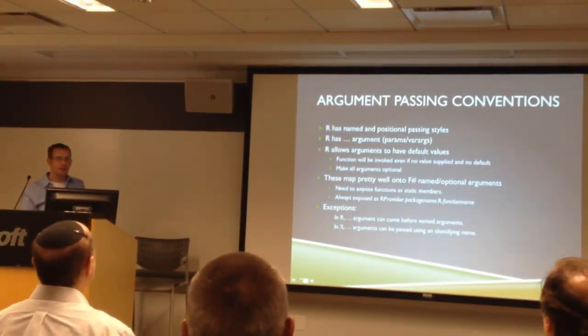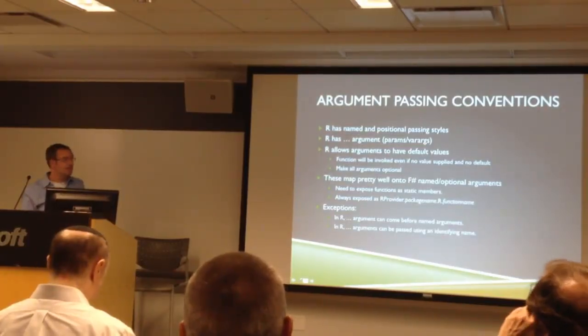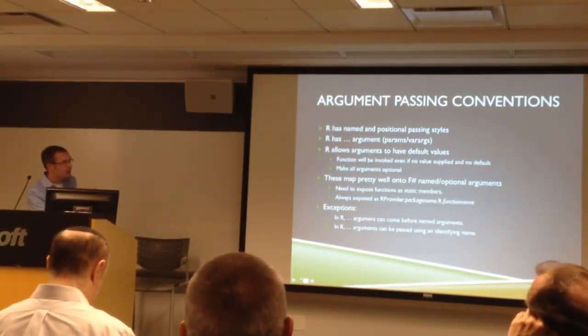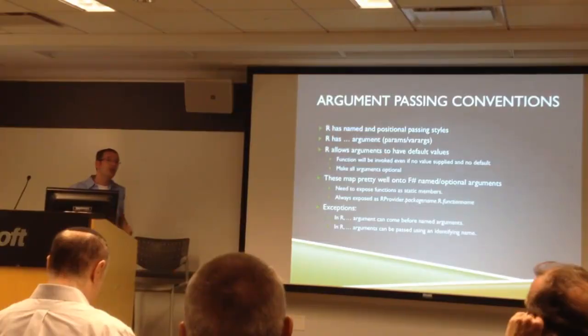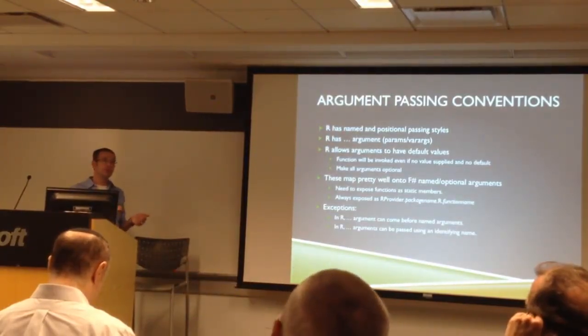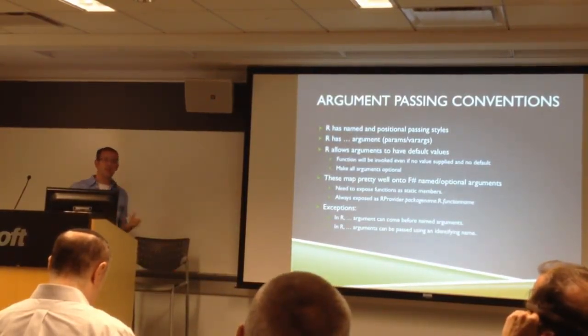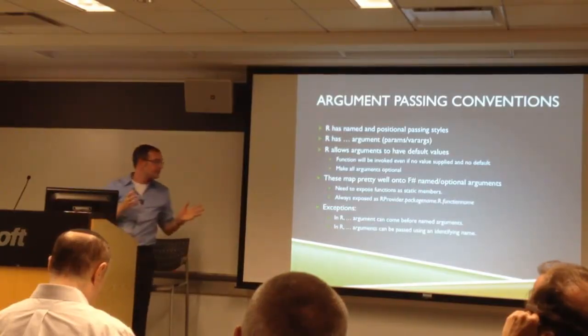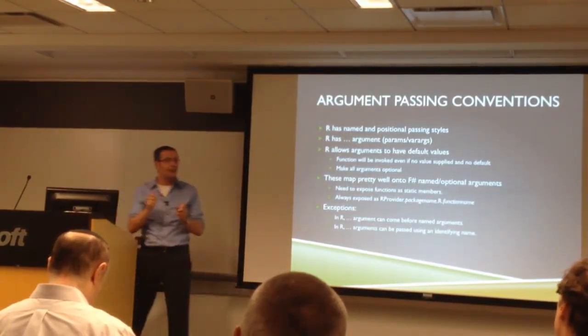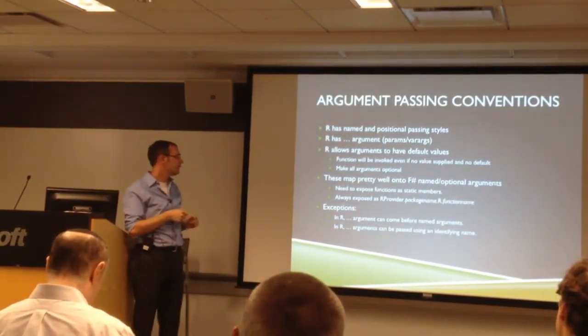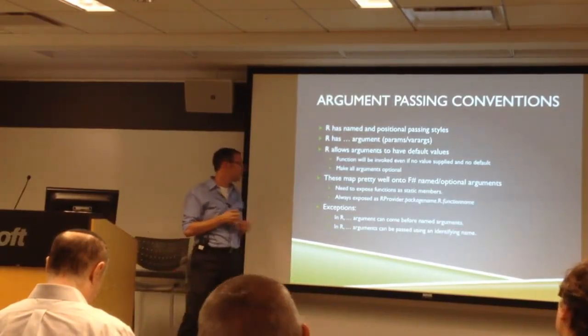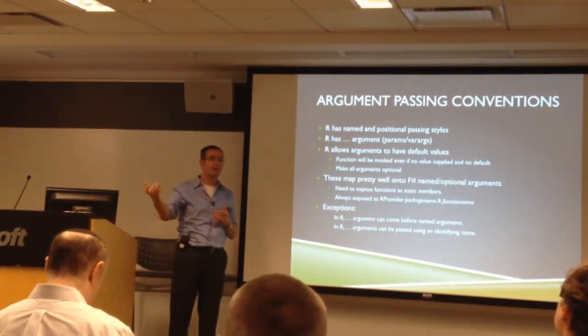The only exception is that in R, the dot-dot-dot parameter will come before the named arguments, and often that's the way you'll want to use the function, because that's providing the actual data you're supplying the function, and the other named things come after and modify its behavior. So that's one thing that we don't deal very well with, because in .NET, the params parameter has to come at the end.